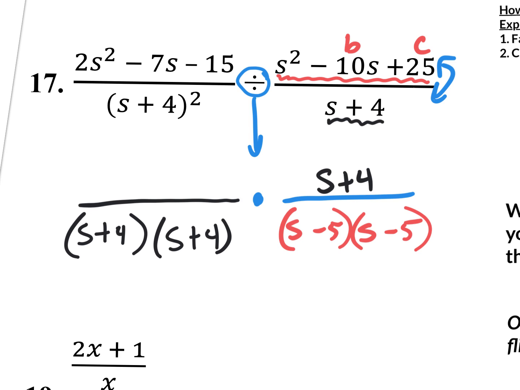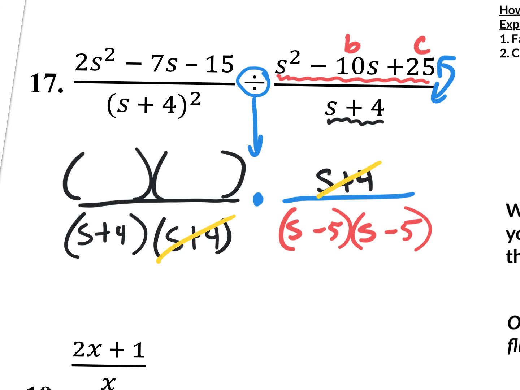Okay, so to give it a good guess, let's cancel whatever we can right now. So what could I cancel right now? The s plus 4 and the s plus 4. Yeah, it looks like a 5, sorry. And then that's all we could cancel, right? Now, this top one up here, I need to factor this guy, and I would like maybe right here to have an s plus 4 or maybe an s minus 5.